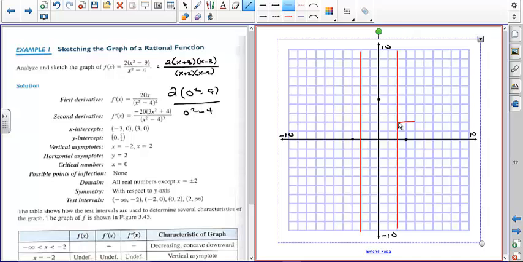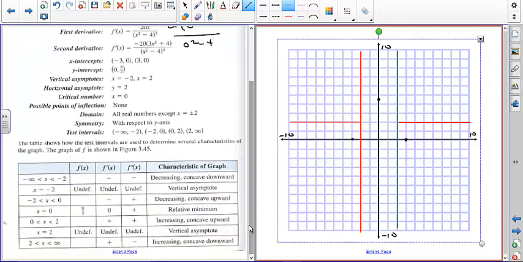So that's y equals 2, y equals 2. And that's about it. Oh, we have a critical number at x equals 0. We found out the value of that was 9. So that's actually right here. So there's a critical number right here.